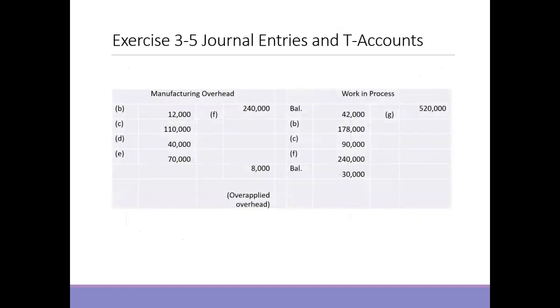Here, we are posting all of those different transactions straight to the accounts, manufacturing overhead or work in process. Do you see here that we over-applied the manufacturing overhead, which means the actual costs were less than what we applied to jobs?